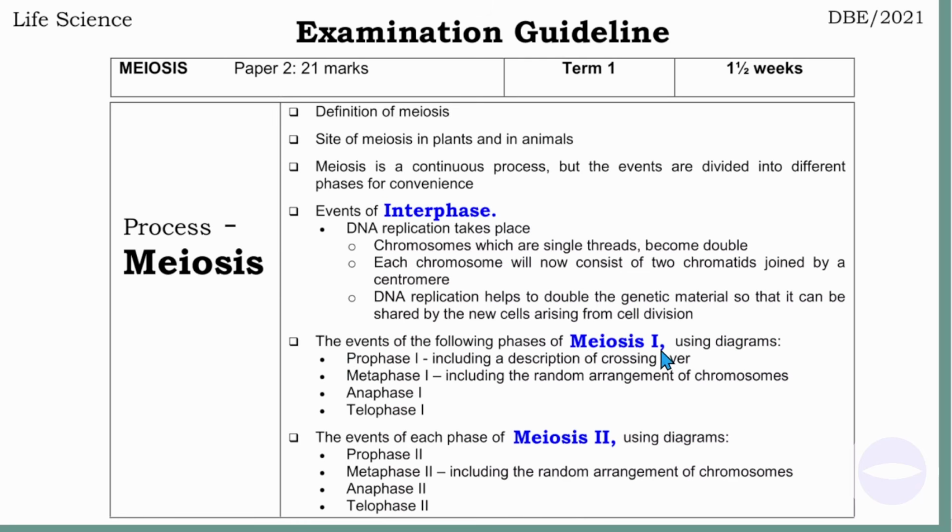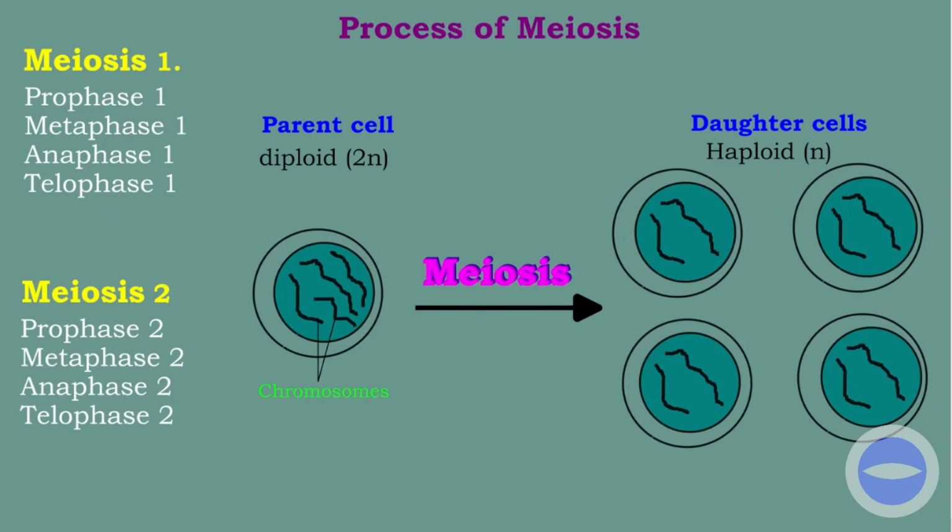We have meiosis 1, and you must be able to explain meiosis 1 using diagrams. I have a video for that. I put a link, you can click on the link, and then the events of each phase of meiosis 2. Again, we have meiosis 2. So here is the process of meiosis. We have meiosis 1.